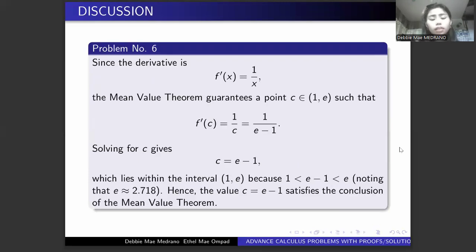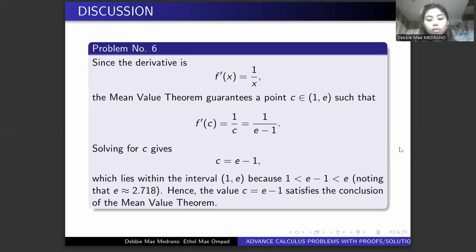Since the derivative of f(x) is 1 over x, the mean value theorem guarantees a point c in (1, e) such that f'(c) is equal to 1 over c, which is actually 1 over (e minus 1). Solving for c gives, since the numerators are the same, just equating the denominators, c is equal to e minus 1.